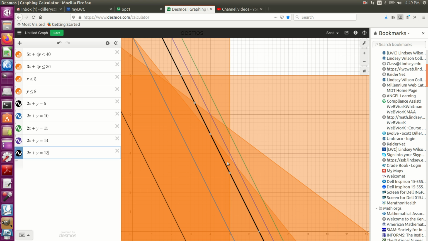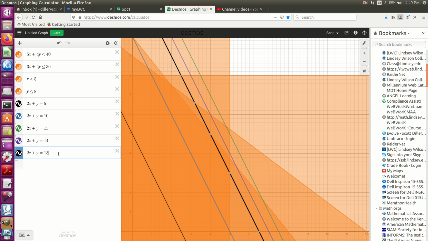Now, I didn't pick these out to begin with, so they aren't nice numbers in the sense of whole numbers, but I should be able to pick something between 13 and 14 and hit right up here at that spot, the 5 and the 3.75.